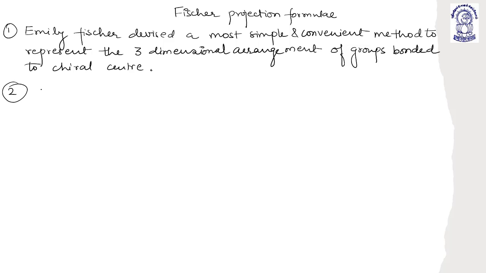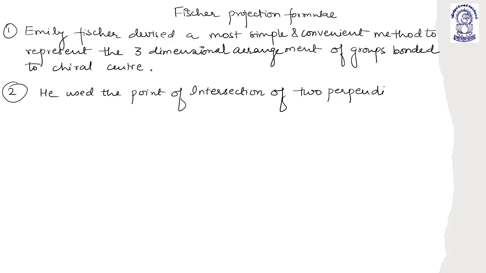He used the point of intersection of two perpendicular lines to represent the chiral center.